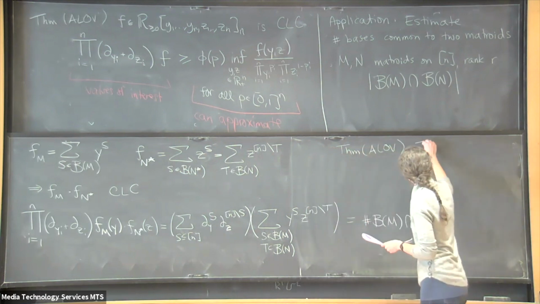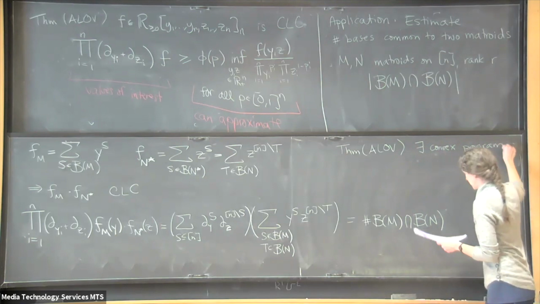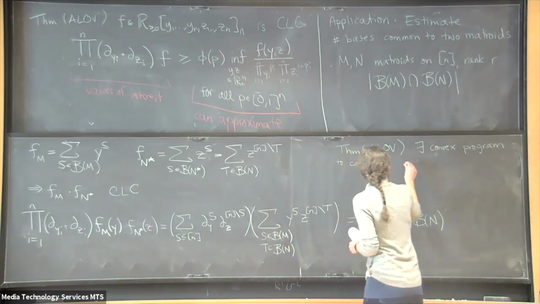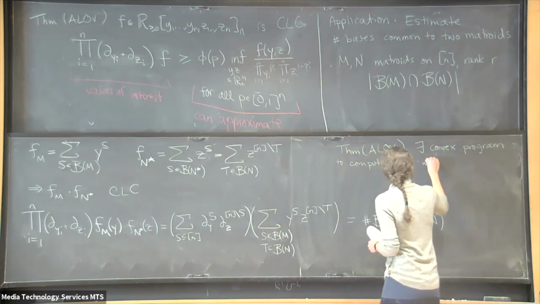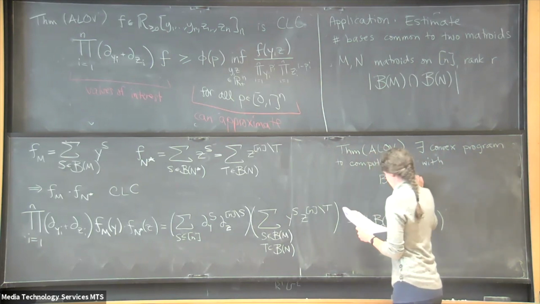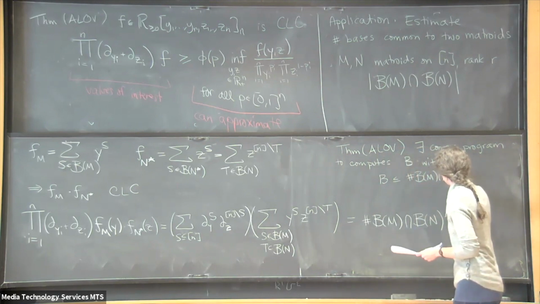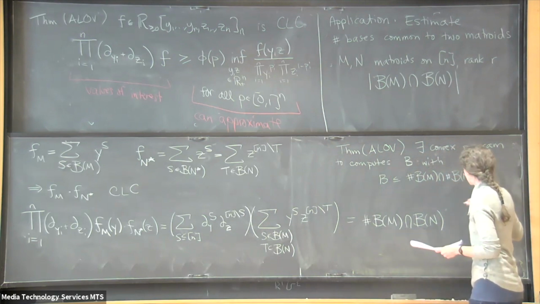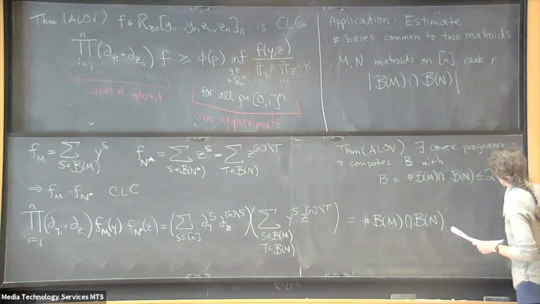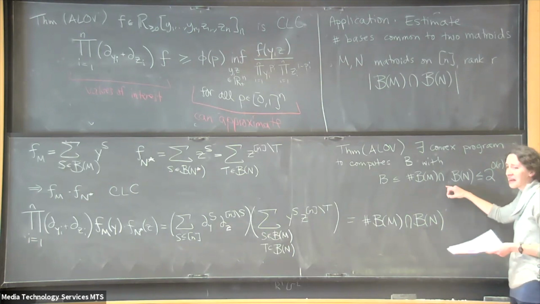I'll state a rough version of this, which is that there's a convex program that computes some bound B so that the number we want, the number of bases common to two matroids, is up to a factor of 2 to the order of the rank. We can calculate this value.